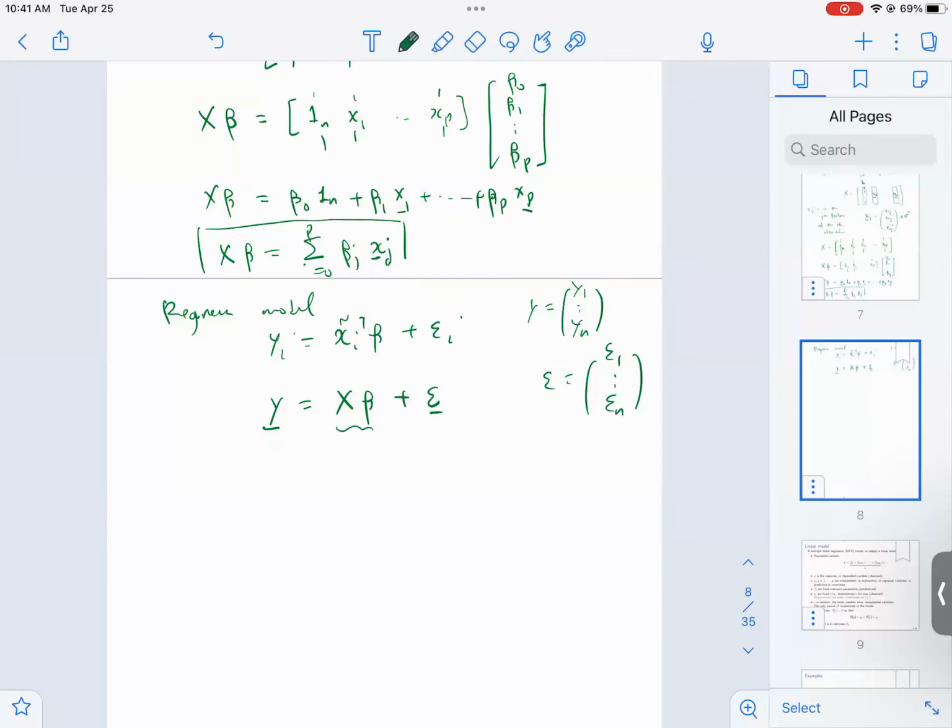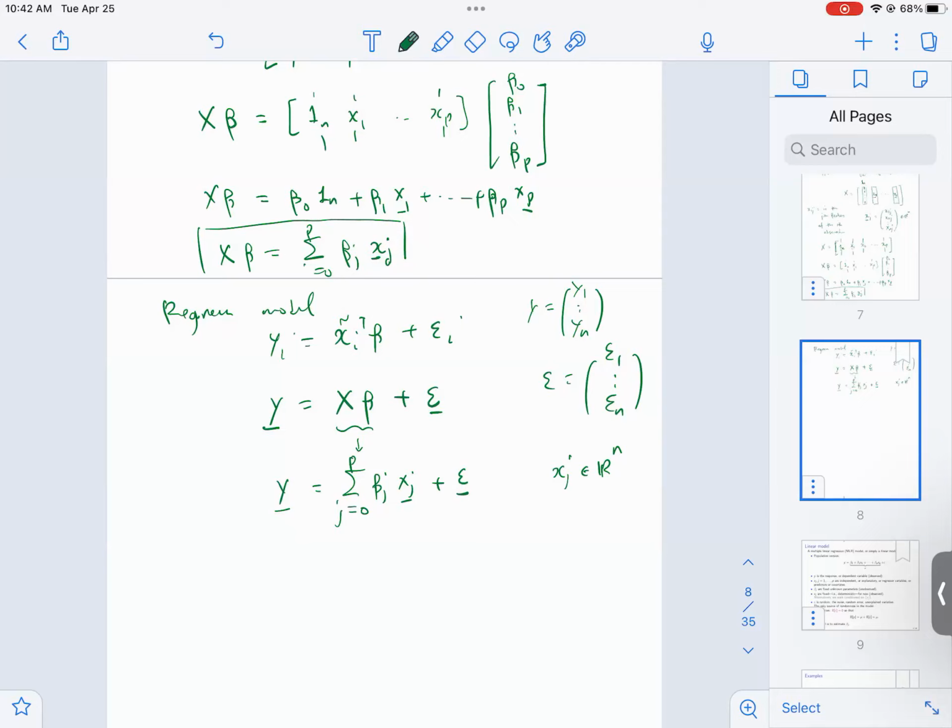And this part is also equal to the summation, j from 0 to p, of beta j xj, where the xj's are also in Rn. So everything in this model is in Rn, all these vectors. They collect the samples, but these are different views of the same regression model.